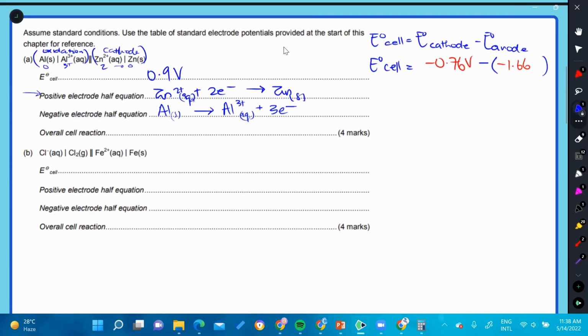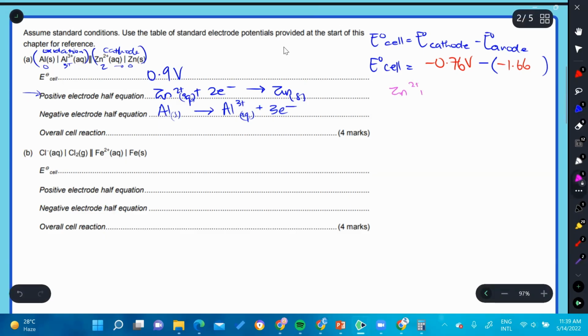Now, when it comes down to writing the overall cell reaction, you need both electrons to be the same in both equations. So this means Zn2+ plus 2 electrons gives Zn solid, and we have Al gives Al3+ plus 3 electrons. Now, the easiest way to get these the same is to multiply this equation by 3 and this equation by 2.